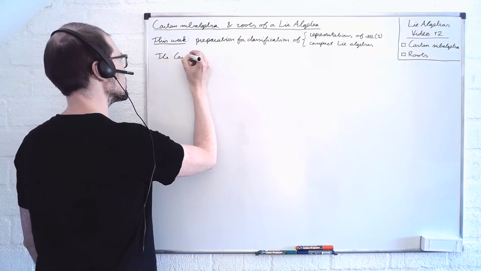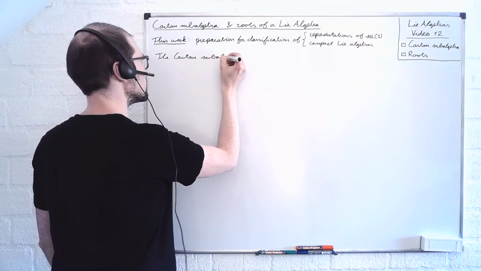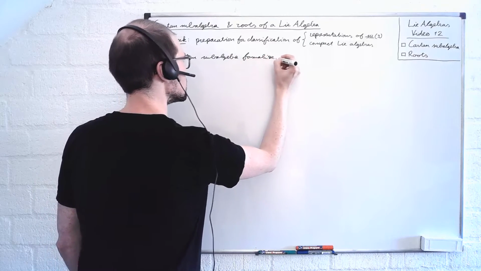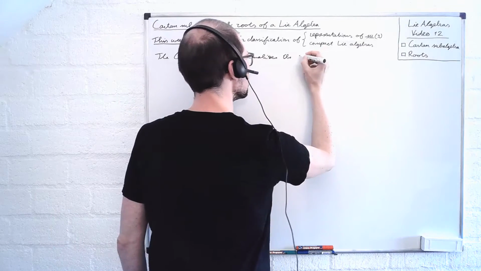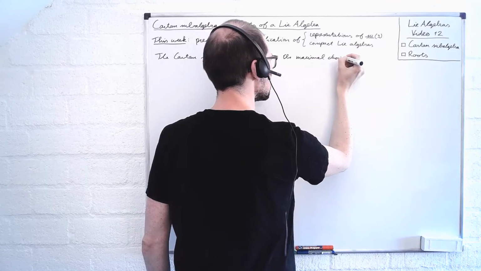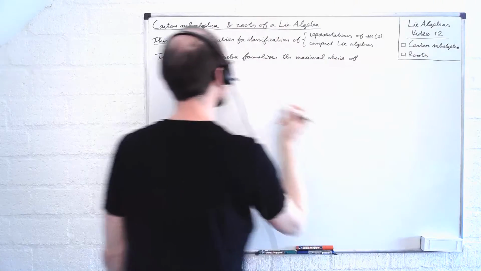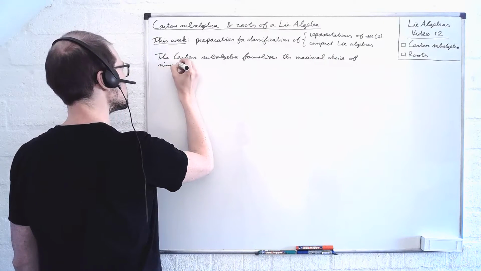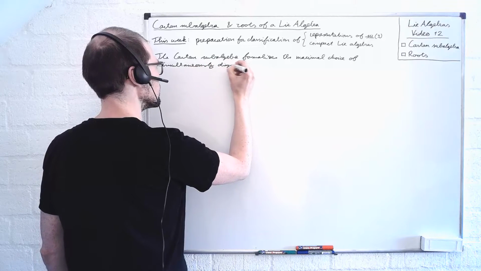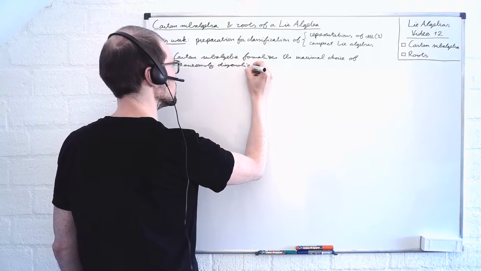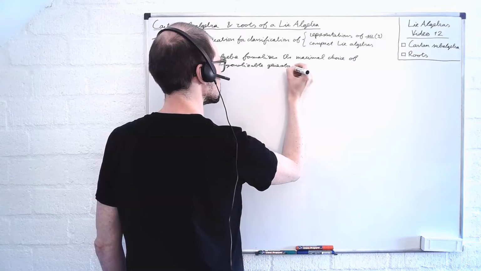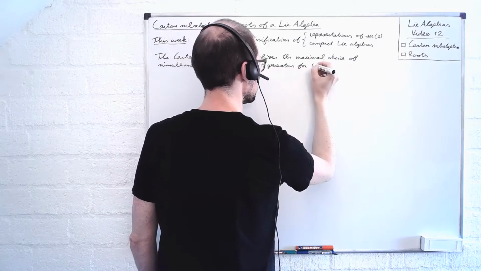The Cartan subalgebra formalizes this notion of choosing a maximal set, so the maximal choice of simultaneously diagonalizable generators for the Lie algebra G.